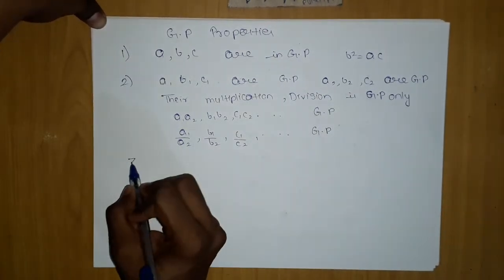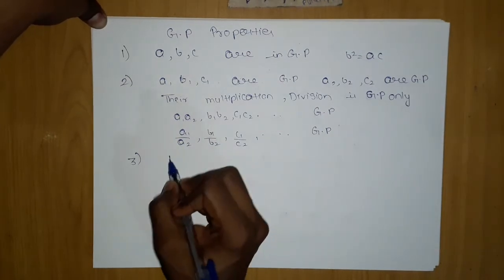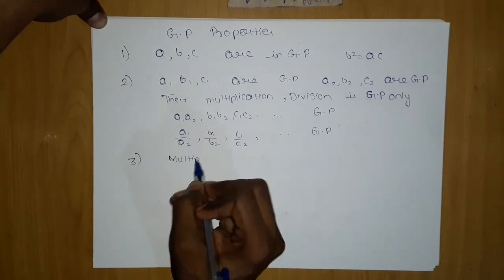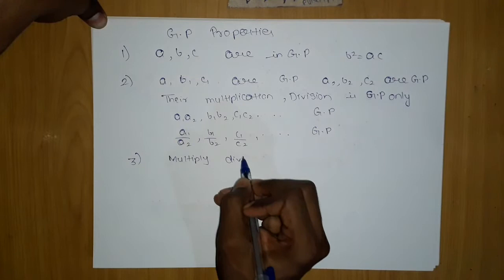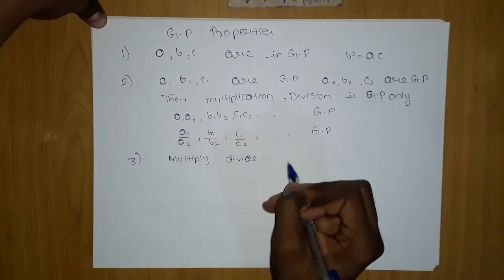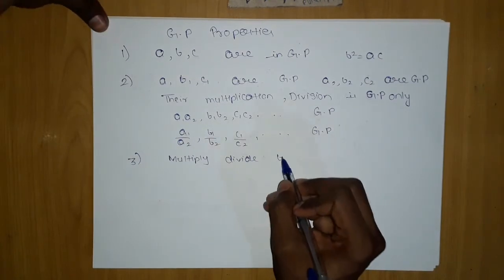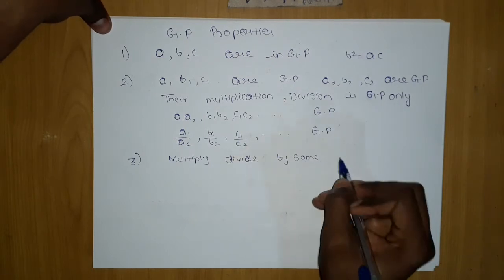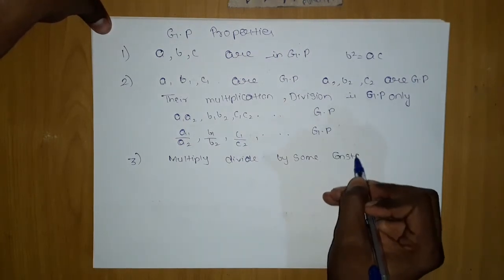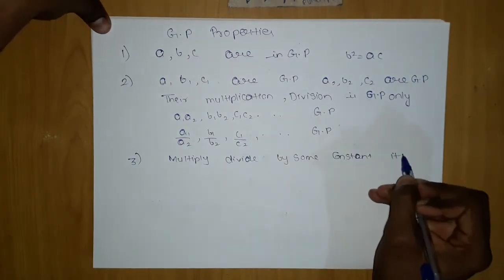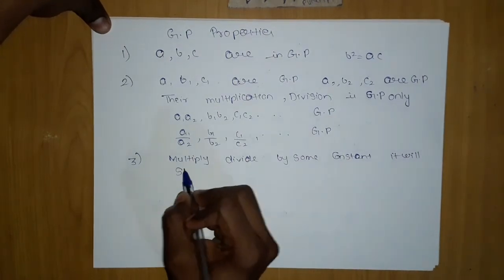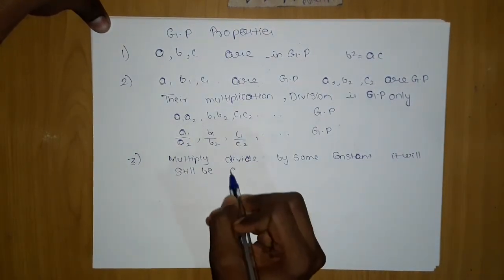Now the third property: if I take a GP and multiply or divide the GP by some constant, it will still be a GP.